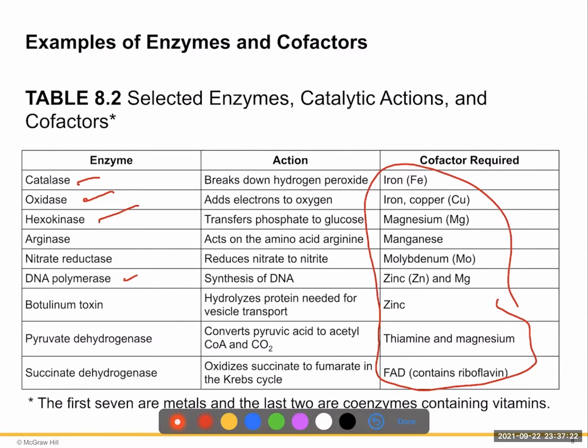First 7 are metals, the last 2 are coenzymes that contain vitamins. Again, you look at the FAD, look at the succinate dehydrogenase, it contains riboflavin, which is a vitamin. The other ones are metallic.